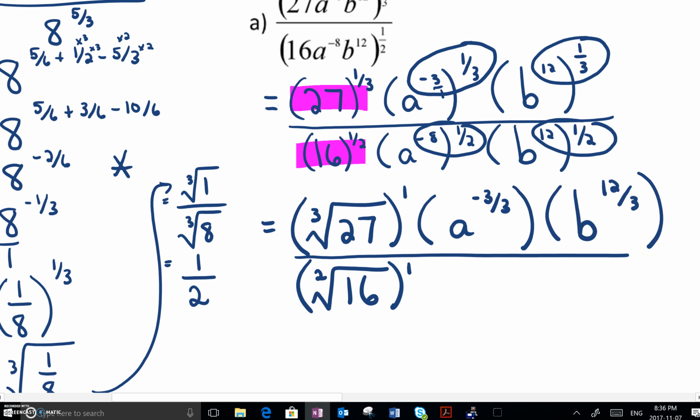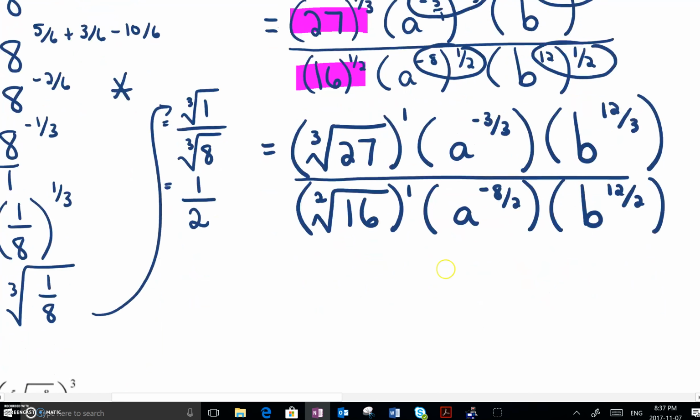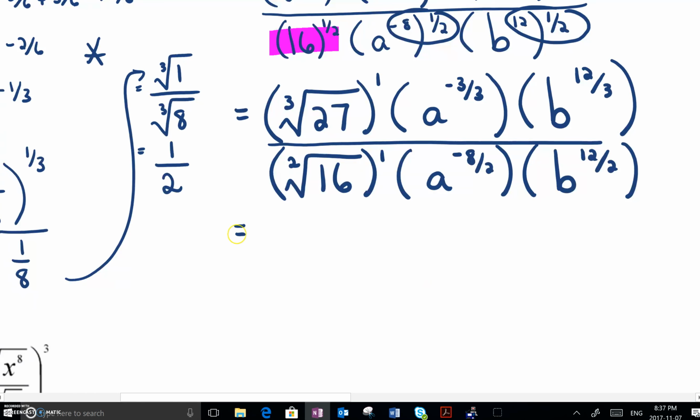I'm going to go ahead and do the a in the denominator. This will be a to the power of negative 8 over 2 and b to the power of 12 over 2. So as long as you're not multiplying the numerator by the denominator, then you're safe. Those are basic rules that you should have hopefully by now. So the third root of 27 to the power of 1: well, to the power of 1 is pretty much useless.